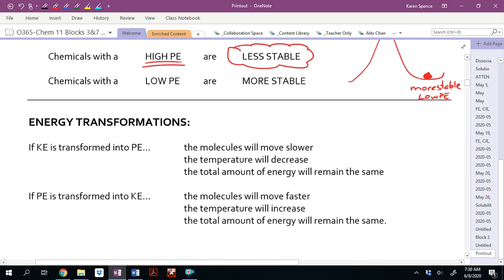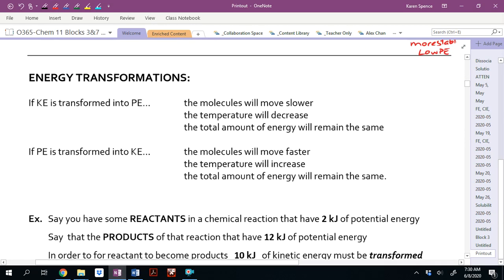Now let's talk about energy transformations. If kinetic energy is transformed into potential energy, what that means is that we're going to end up with less kinetic energy and more potential energy. And if we have less kinetic energy, the molecules are going to move slower.